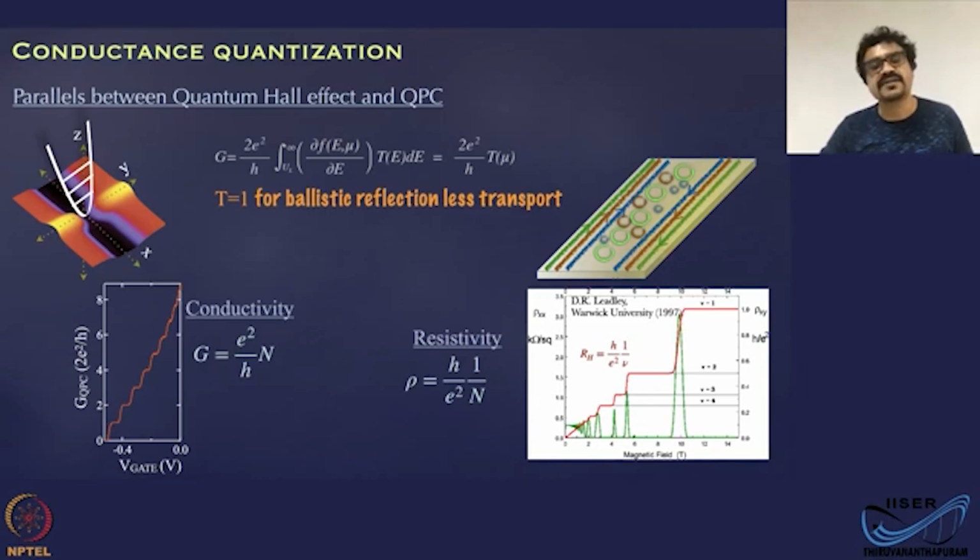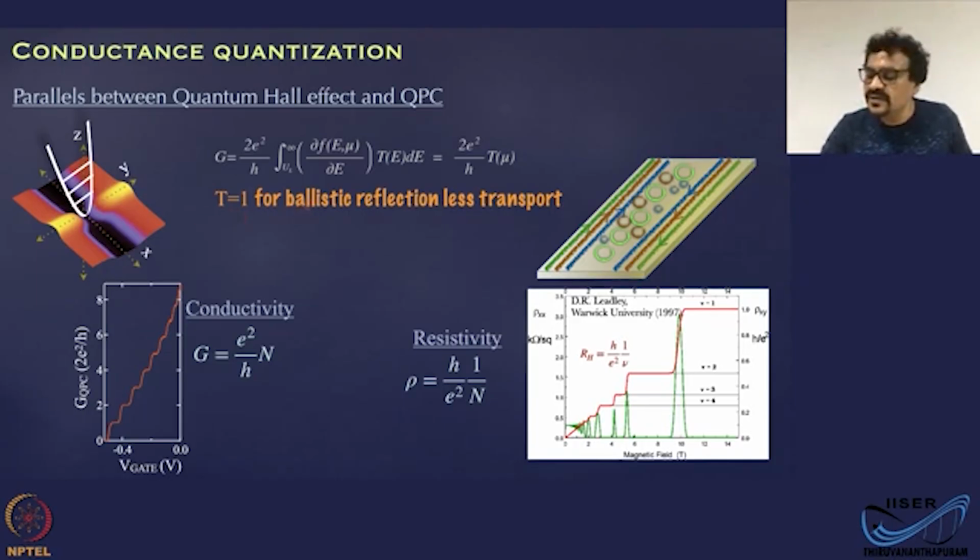Here also we have considered a parabolic potential or simple harmonic motion. What that means is there is no mixing. Every channel it goes through, it doesn't reflect or scatter to another channel. There is a streamlined flow of electrons through each of these channels, and transmission is 1 for each of the channels.